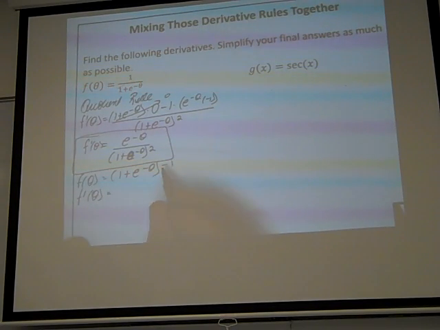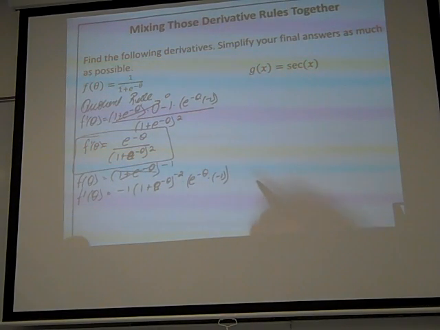F prime of theta, if it's all of this to the negative 1 power, you bring the power down, 1 plus e to the negative theta to the 1 less power, times the derivative of the baby. The derivative of 1 plus e to the negative theta is, well, derivative of 1 is 0. Derivative of e to the negative theta is e to the negative theta times negative 1.